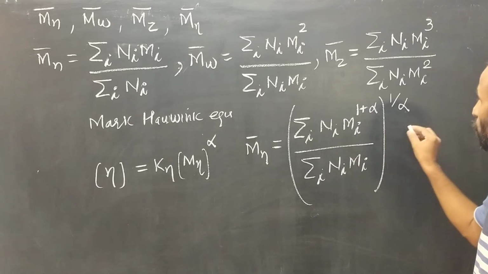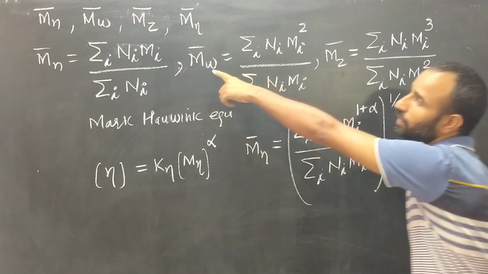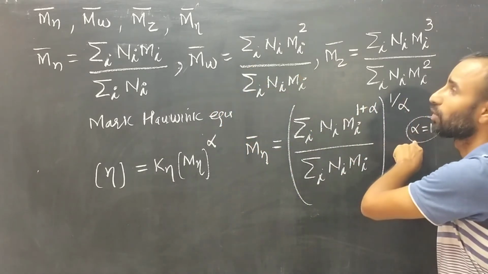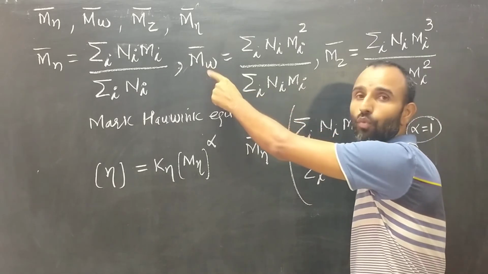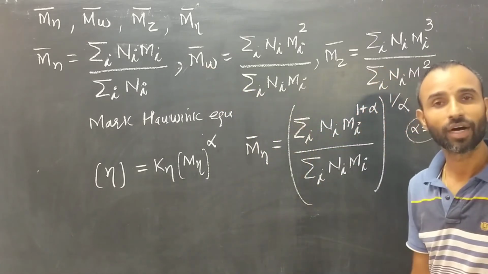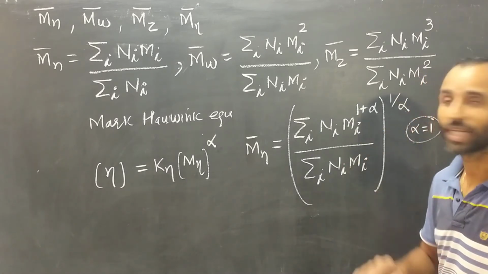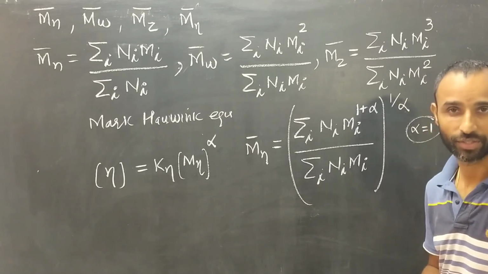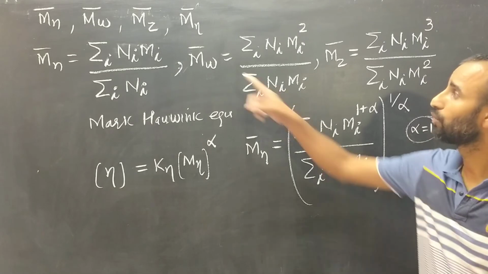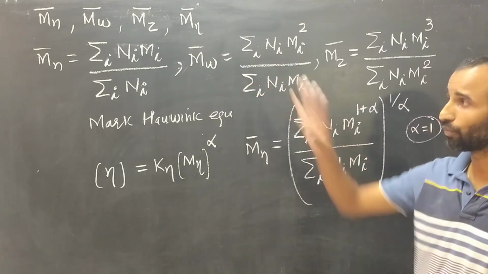If alpha is equal to 1, then this becomes the weight average. The maximum value of alpha is 1; otherwise it is less than 1, so it is always less than the weight average.